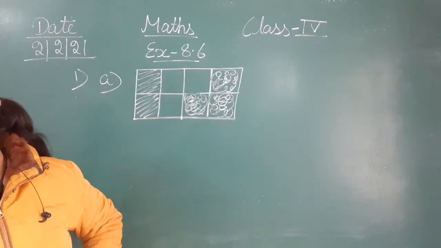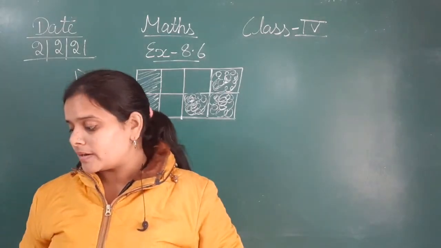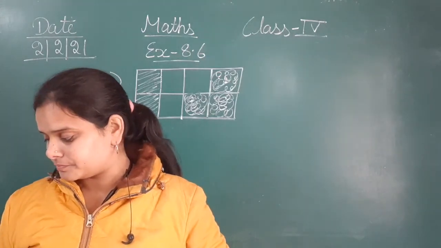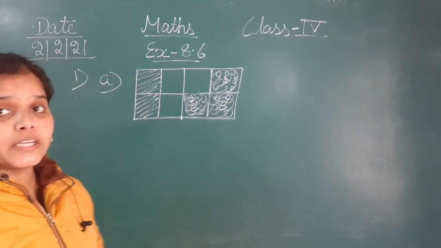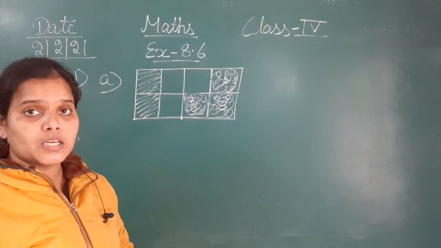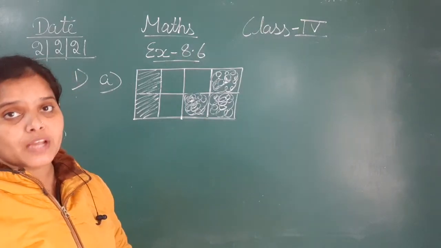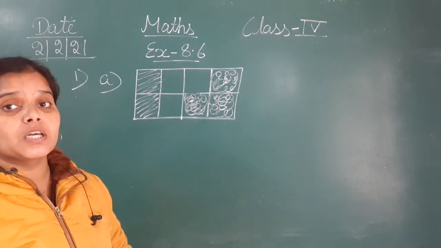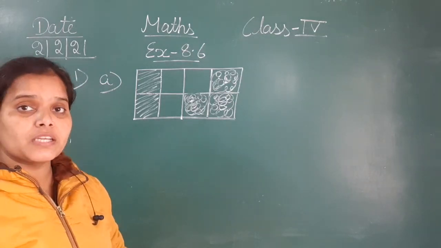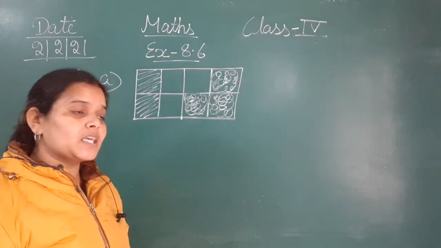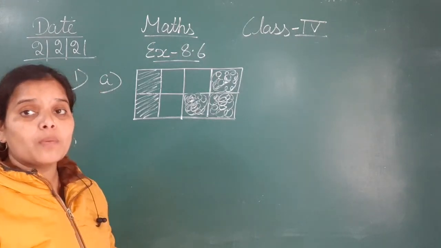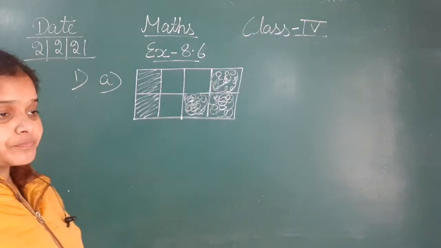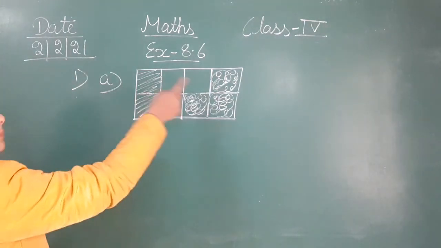Now what we have to do is write the fraction of each of the shaded parts and add. So जो हमारे पास ये shaded part दिए हुए हैं इनकी fractions लिख के we have to add the fractions. अगर किसी figure की हमें fraction बतानी है, the first thing that we have to see is how many equal parts that figure is divided into. ये figure हमारे कितने parts में divided है?